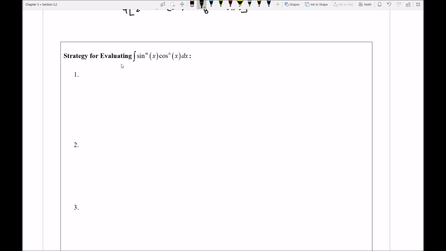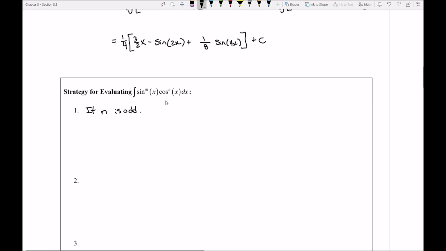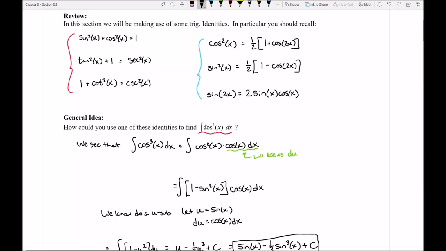So let's start with thinking about strategies then for evaluating sines and cosines in the same integral, but maybe raised to different powers. How about we start with what happens if n, that's the power on the cosine, is actually odd? Now we saw something like this actually all the way back in our general idea.